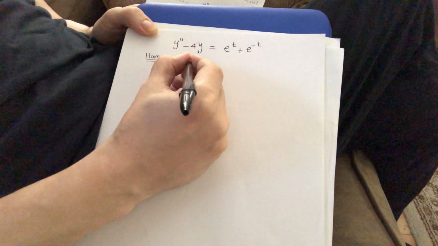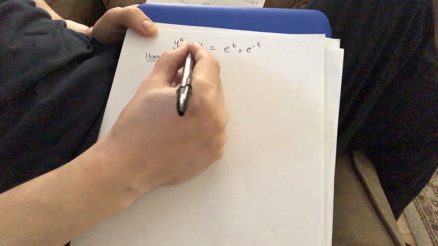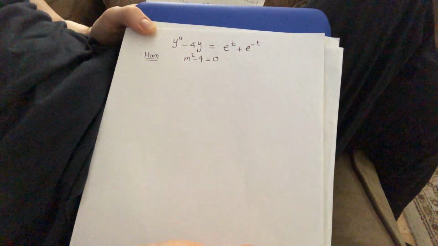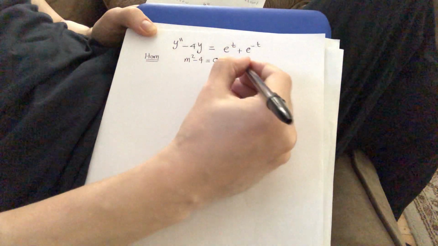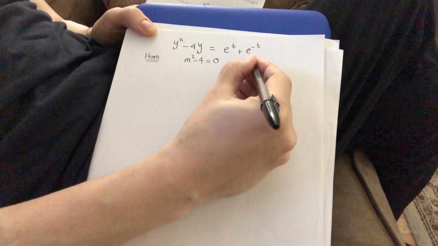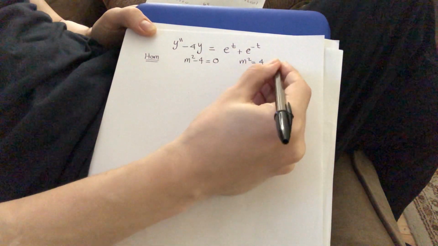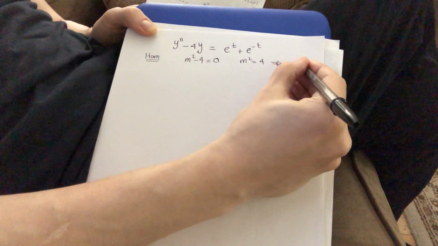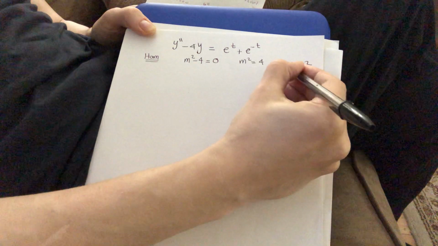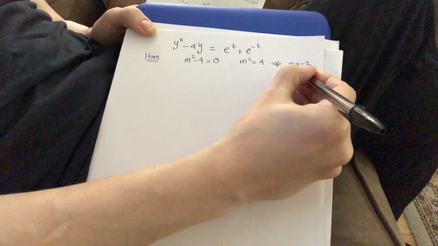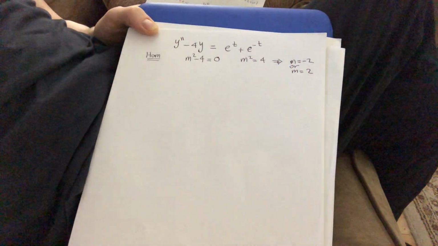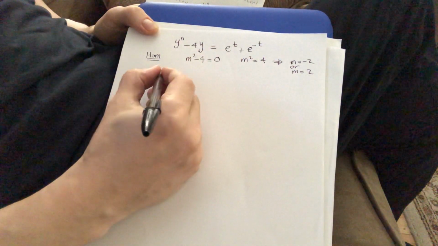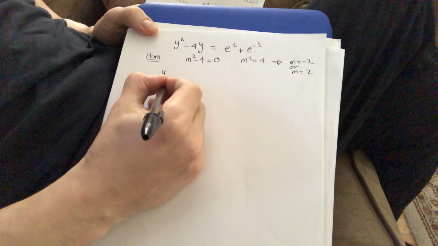So it's m squared minus 4, and for the homogeneous solution you set it equal to 0, then m squared equals 4, and you get m equaling minus 2 or m equaling 2. So two real answers.